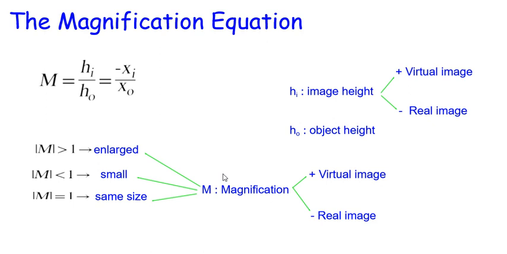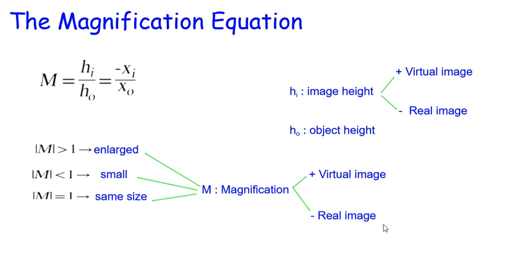It's represented by positive 2, negative 3, positive half, negative quarter, and something like that. So we have to separate between the sign and the number or the digit next to it. For the signs, positive means virtual image, negative means real image. So if the magnification is positive, we are dealing with a virtual image. If the magnification is negative, we are dealing with a real image.